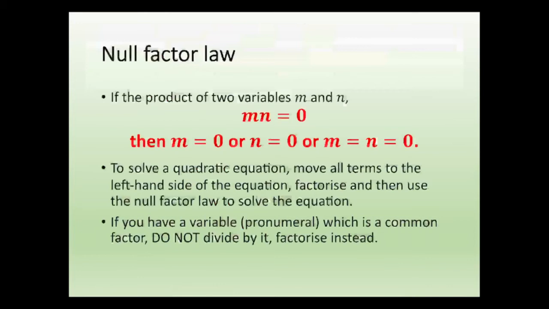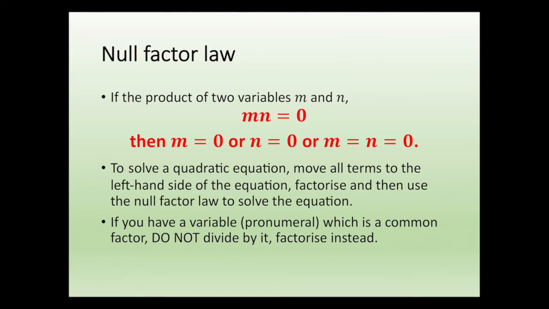Now, let's have a look at the null factor law. If there is a product of two variables, m times n equals 0, then m equals 0, or n equals 0, or m equals n equals 0. So to solve a quadratic equation, you need to move all terms to the left-hand side of the equation, factorize, and then use the null factor law to solve the equation.